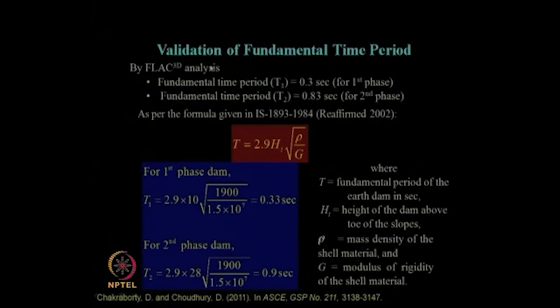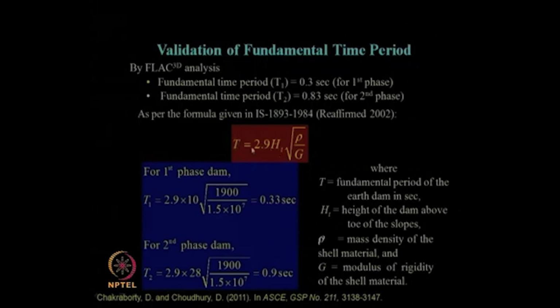Next, we need to calculate or validate the fundamental time period of the entire structure. How we do that? In the FLAC 3D analysis, we automatically get the fundamental time period from the analysis for both first phase dam and second phase dam. These are the values of fundamental time period, which you can calculate as per IS code proposal, that is IS 1893/1984.